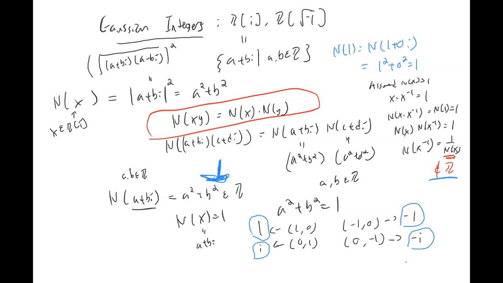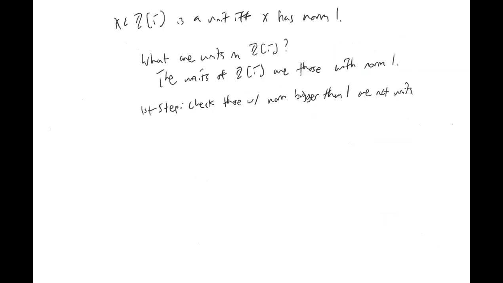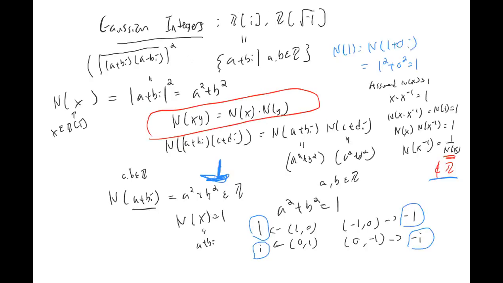So that's the first step. And then obviously, what's the last step? Well, second step, check all elements of norm 1 are units, right? So once I check everything bigger than norm 1 is not a unit, I still need to check that everything that is norm 1 is a unit. And that's what I did here, right?